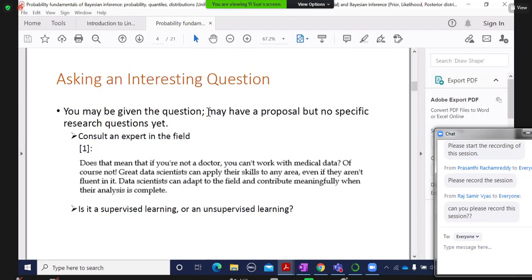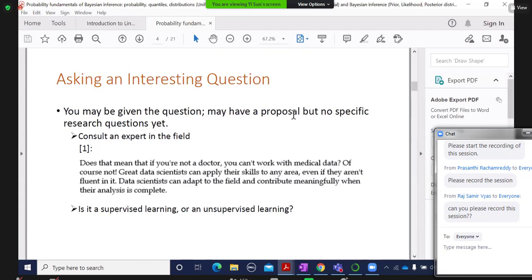Okay? Or you may have a proposal, but there's no specific research questions yet. That is, for example, quite often our PhD students, when they start their research, they may know a research topic they would like to work on, but research questions are not clearly defined.